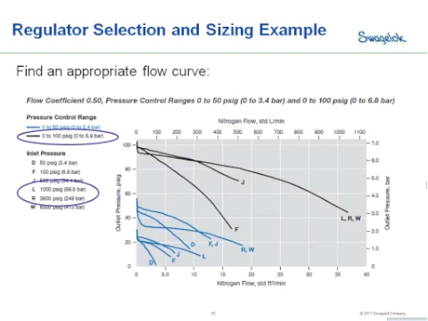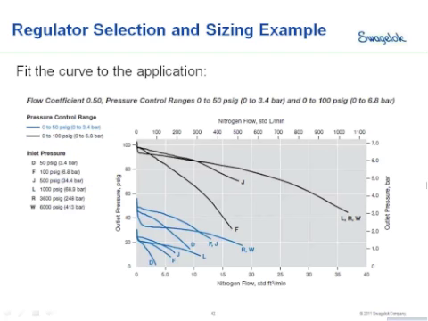But what we do have to do is slide our flow curve down a little bit into the range that we're going to be using the regulator at. So we slide our flow curve down, and then we plot our application. So 50 plus or minus 10, our pressure range is from 40 to 60 psi, and our flow rate is from 15 to 30 standard cubic feet per minute.